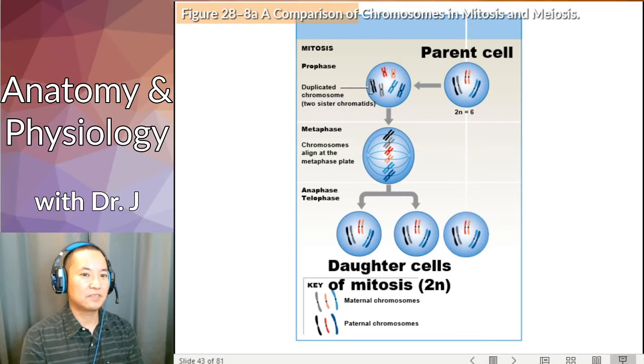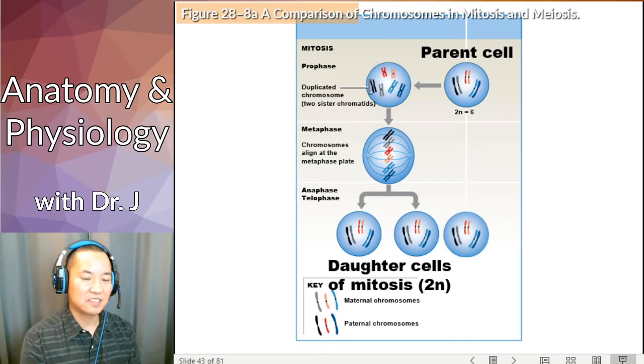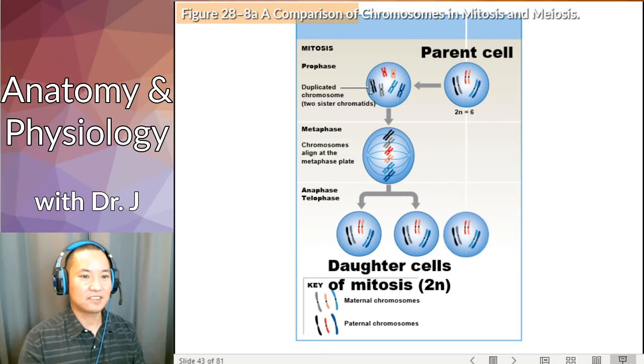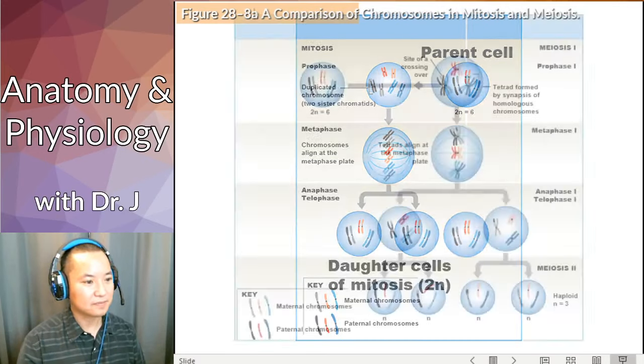So this is one key feature of mitosis. Not only do you get two cells from one parent cell, but these two cells are identical to each other, and they're identical to the original parent cell. Pretty much the somatic cells in your body, that's how you generate more somatic cells. And remember, somatic cells are everything but the sex cells. Sex cells are, again, the egg in females and sperm in males.